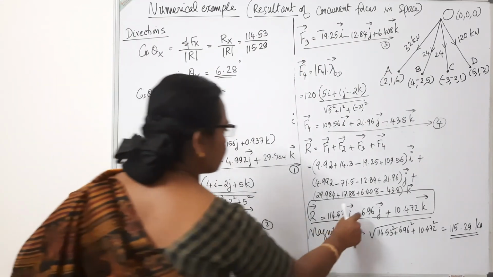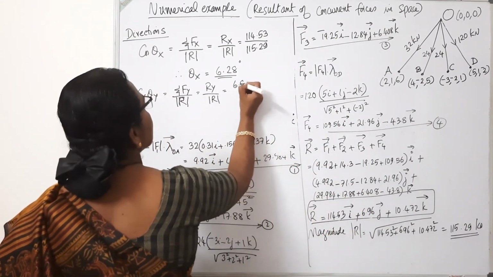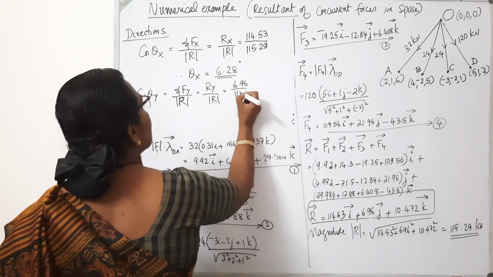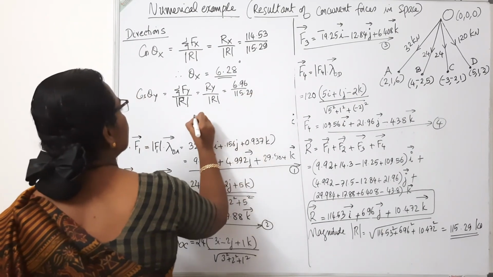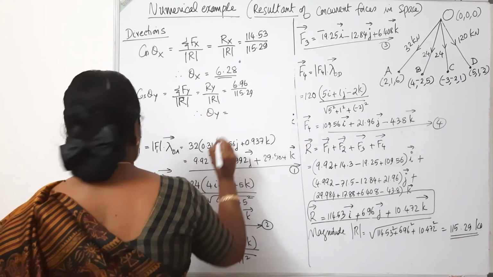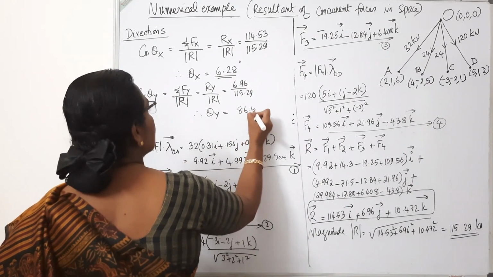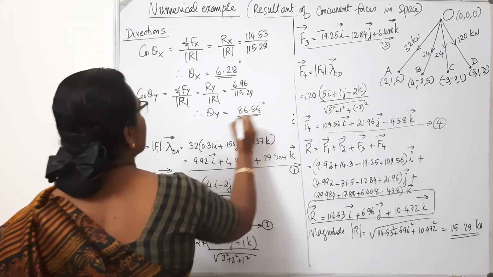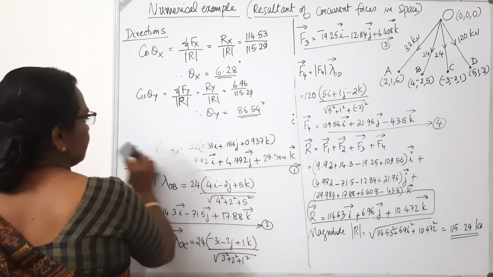Sigma Fy, the second term, 6.96, divided by 115.29. From that you will get theta y, 86.54 degree.